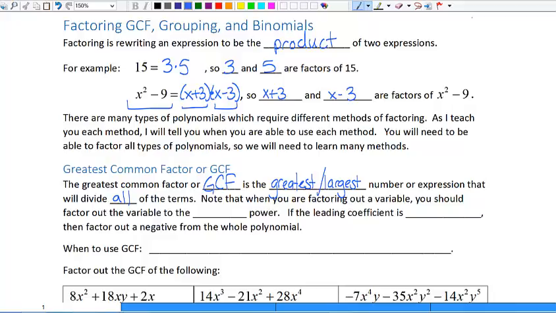Note that when you're factoring out a variable, you should factor out the variable to the lowest power. If the leading coefficient is negative, then you always factor out a negative from the whole polynomial. So when do you want to use GCF? Well, I want you to always try this method first.